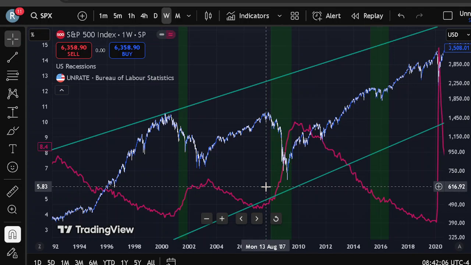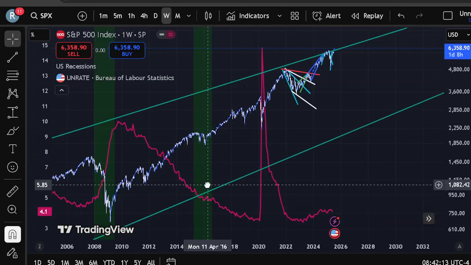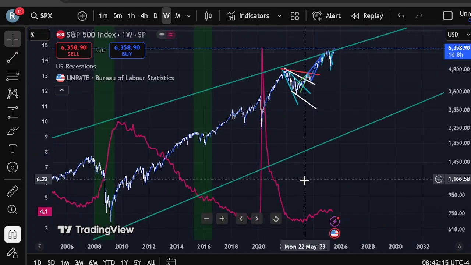And what can cause the unemployment rate to go up? There are many things that are affecting unemployment rate, but one of them is the interest rate in the US.